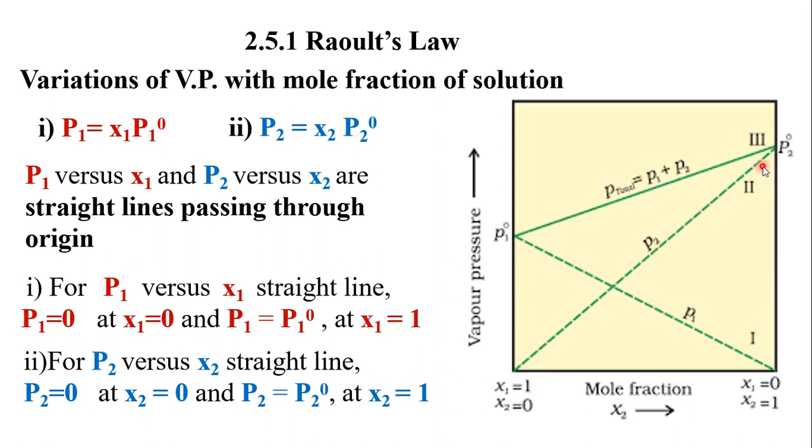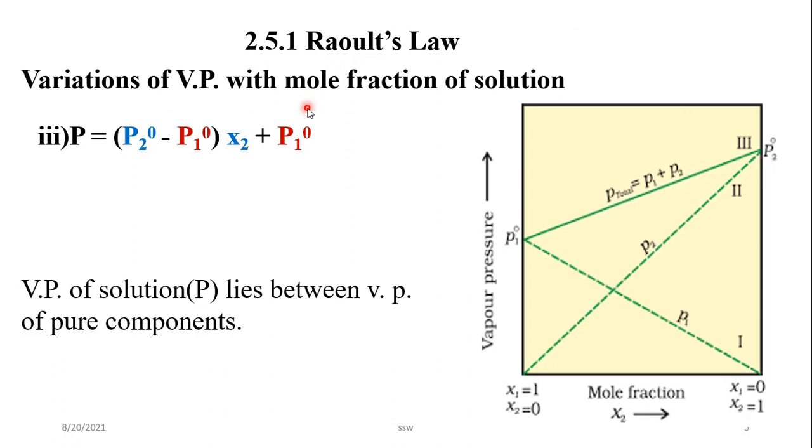Now we will see the graphical representation for the third equation, that is P, the total pressure, is equal to (P2 0 minus P1 0) into x2 plus P1 0. So see here, this graph is a straight line.